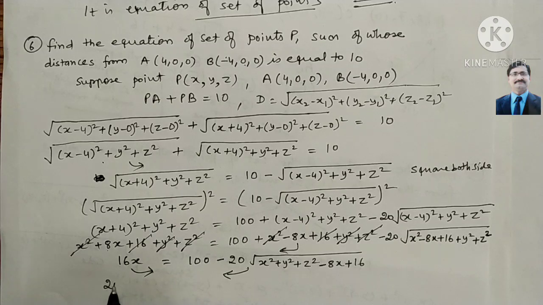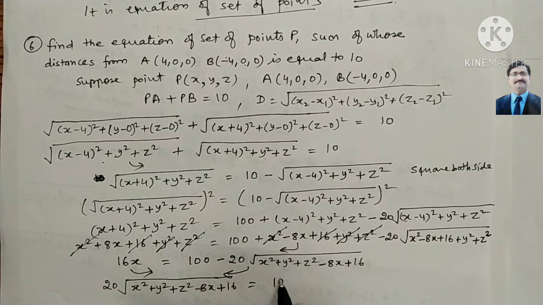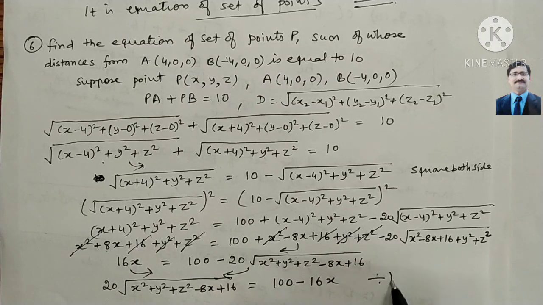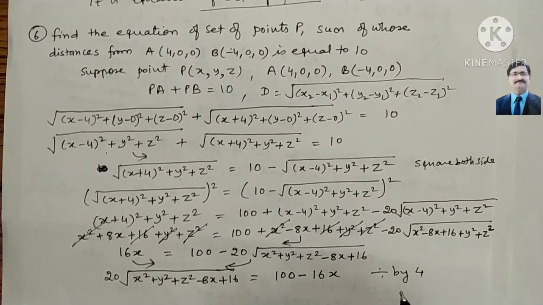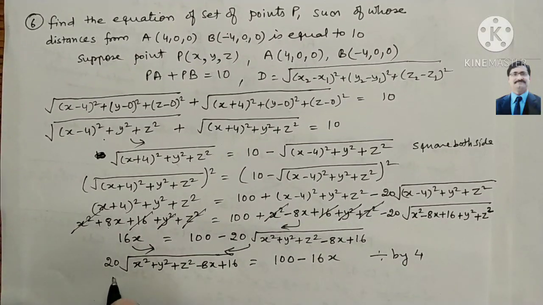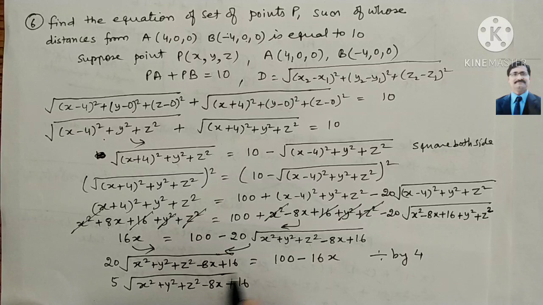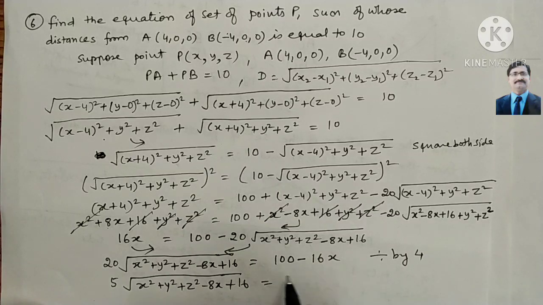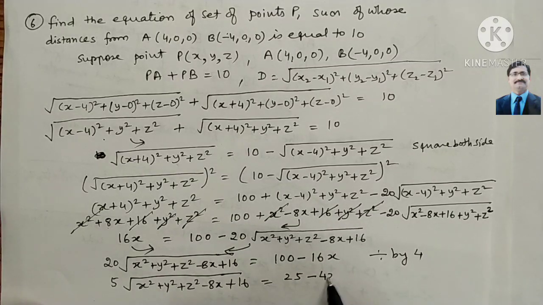So we get 20 root of x square plus y square plus z square minus 8x plus 16, and here we get 100 minus 16x. Now we can divide both sides by 4. 4 fives are 20, and we get root of x square plus y square plus z square minus 8x plus 16, and 100 divided by 4 is 25, and 16x divided by 4 is 4x. Okay, this we get.